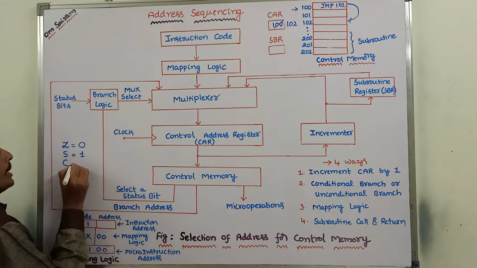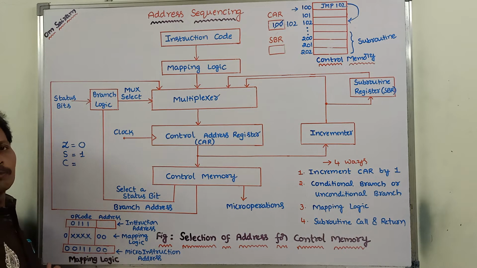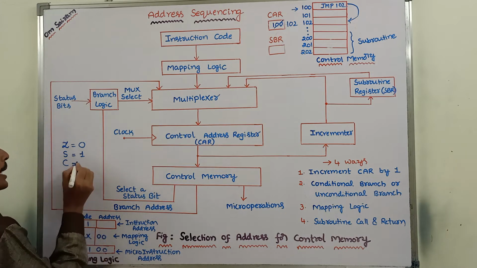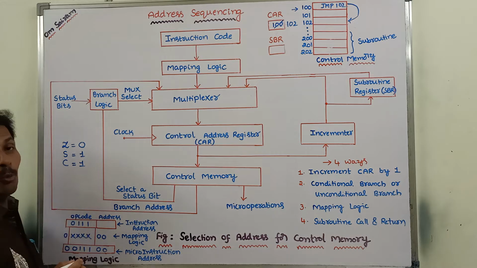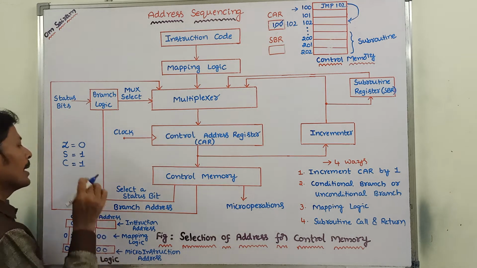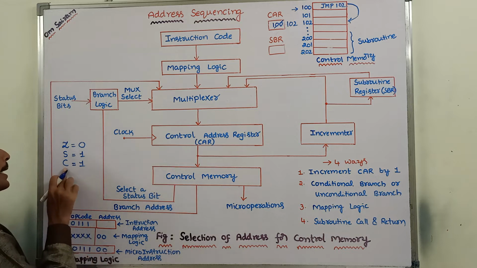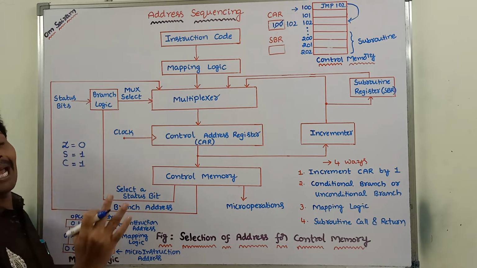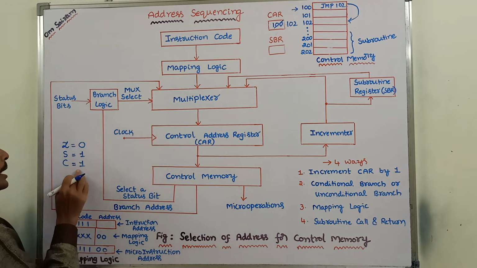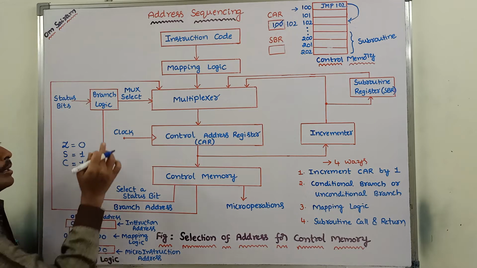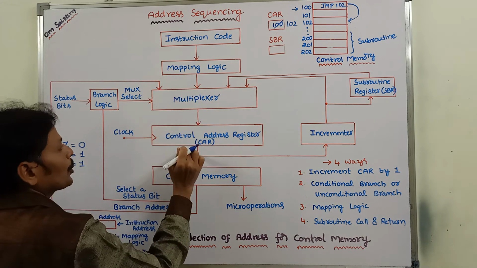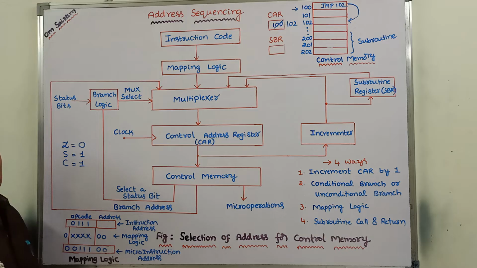Next, this is the carry flag. If a carry is generated, then it is set as value 1. Otherwise, it is set as value 0. Whenever the carry bit value is set as 1, then the corresponding branch address is loaded into the control address register.